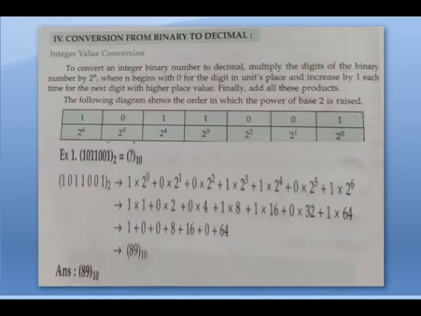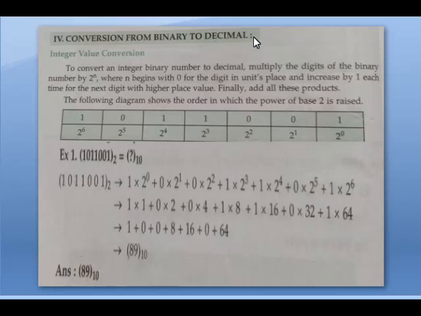Now we are going to see how to convert from binary to decimal. In the previous classes we studied how to convert the decimal value into binary value, octal value, and hexadecimal value. Now we are going to see how to convert binary value into a decimal value.